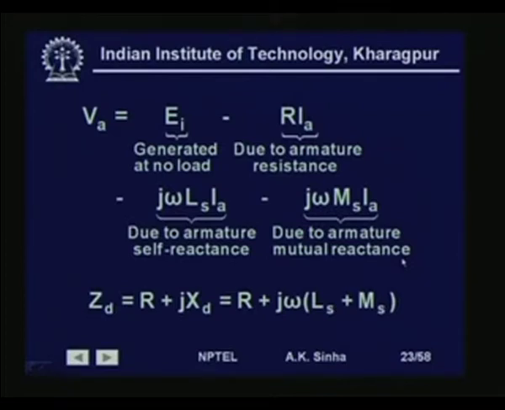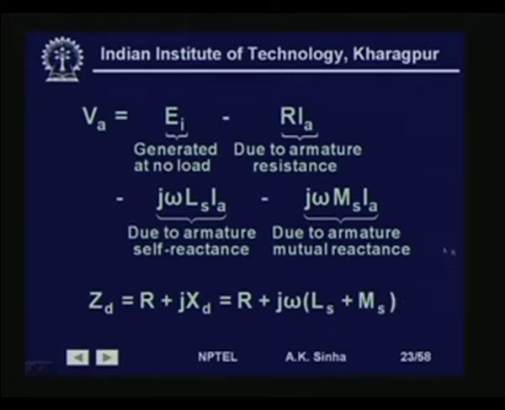where what is V A? The terminal voltage. Terminal voltage is going to be equal to the generated voltage minus what? The voltage drop due to current flowing through the armature winding resistance.